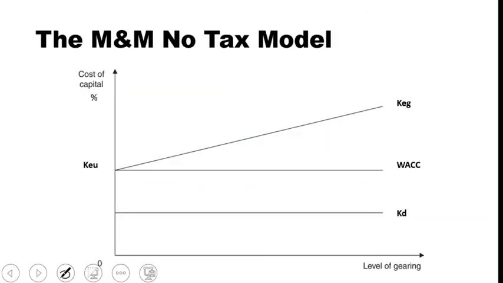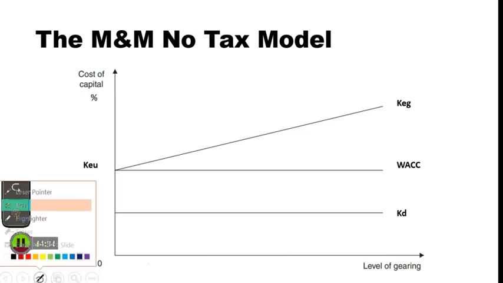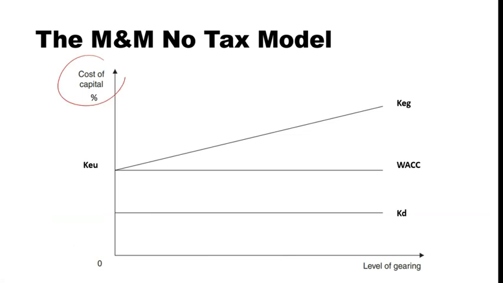So you can see that this is our graph, ladies and gentlemen, where we have our cost of equity and the cost of capital here. And this is the point where we were ungeared, cost of equity ungeared at point 0. This is the 0, signaling that that's the point when we did not have debt at all. When we did not have debt at all, KEU was equal to WACC.